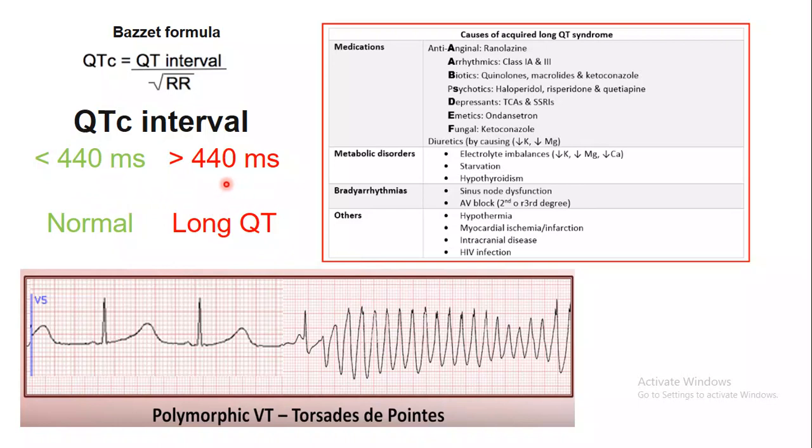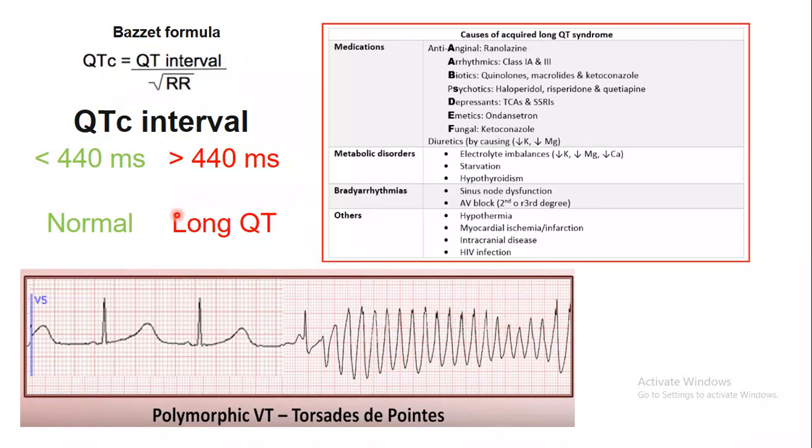Long QT is more than 440 milliseconds, and prolonged QT increases the risk of what is called polymorphic ventricular tachycardia or torsades de pointes, a life-threatening arrhythmia, because the vulnerable period of the repolarization phase of the heart is markedly increased in prolonged QT, so that any small electrical activity might initiate a new electrical activity in this vulnerable period, leading to life-threatening arrhythmia.